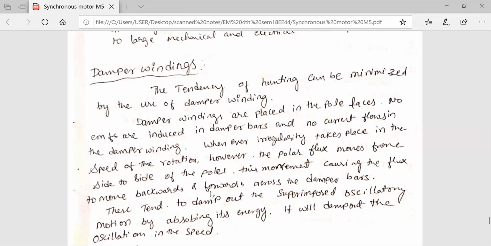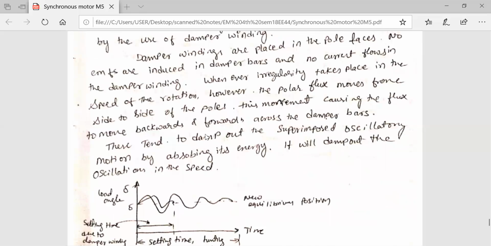At that time, the variations in speed or load angle result in variations in flux movement from one pole to another, in either the backward or forward direction, across the damper bar. This tends to damp out the superimposed oscillation.